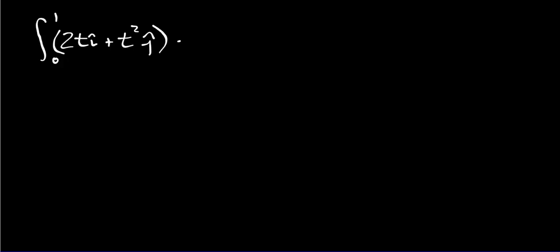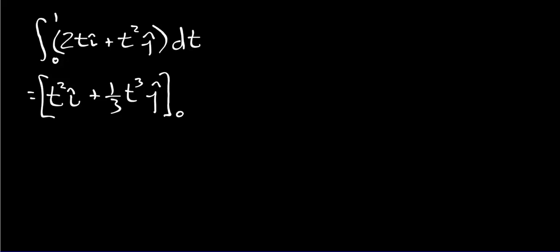I'll do just 2 components for simplicity here, and you can see how it would work with 3 variables or 3 components. So we get the antiderivative, which in this case is going to be t squared i plus 1/3 t cubed j, and we're going from 0 to 1.